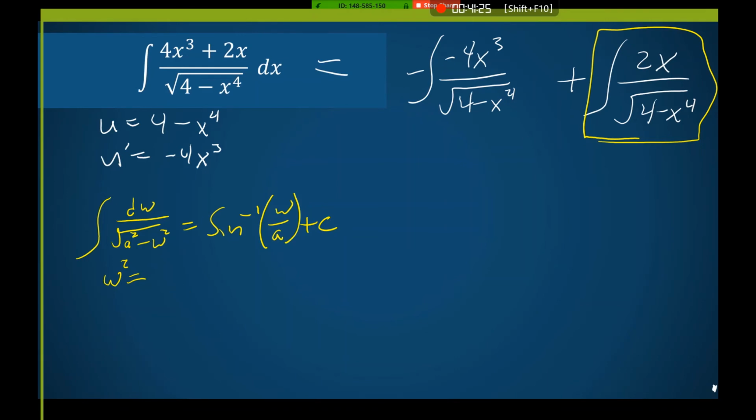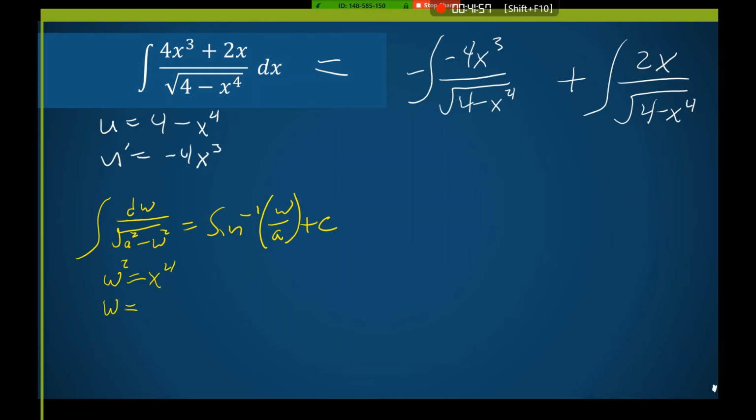I just want to know this term. So what is this part for this fraction? Negative x to the fourth. Okay, so this part would just be x to the fourth for w squared, since I'm subtracting all of w squared.